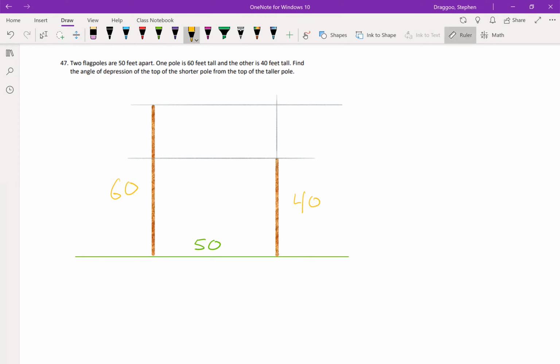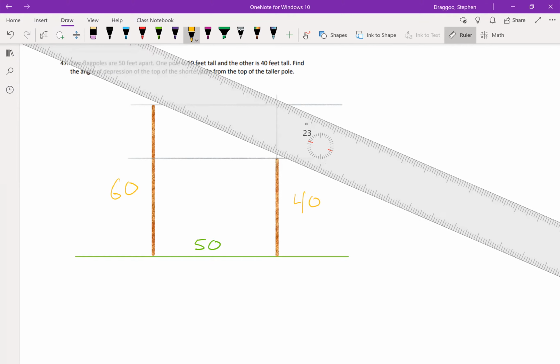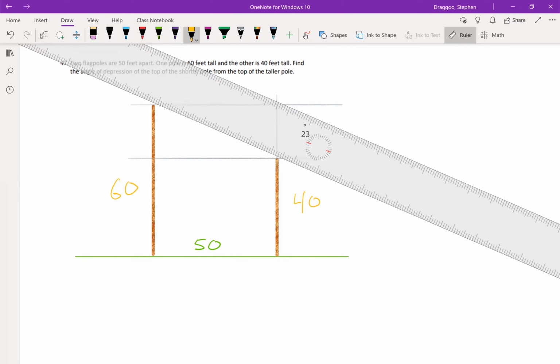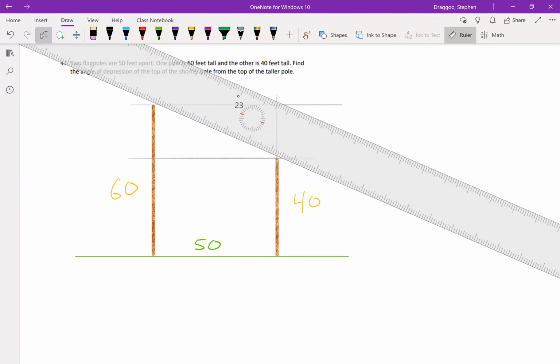Which means I'll need a line that connects the top of the tall pole to the top of the short pole. So I'll bring up my ruler and sketch that line. If I've drawn this to scale, it looks like that angle of depression should be about 23 degrees.